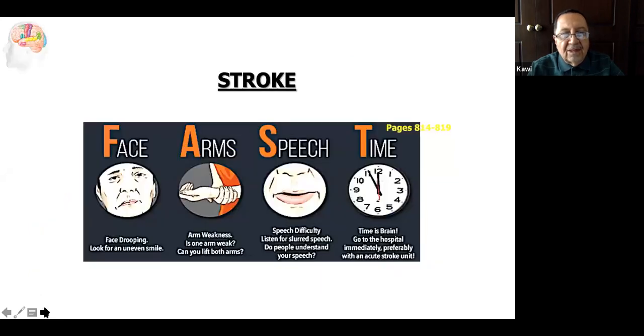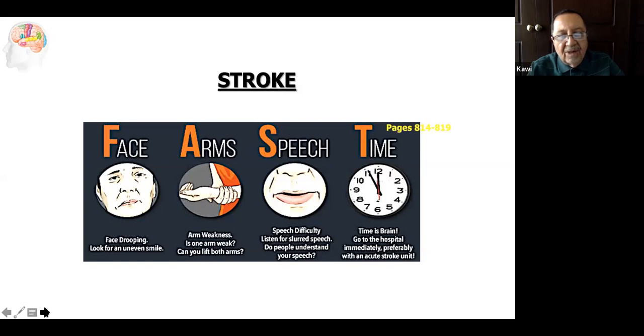This usually is circulated to the public, and it helps them recognize the stroke as they recognize myocardial infarction by chest pain. We tell them, remember the word FAST. FAST means if there is unilateral weakness of the face that causes drooping of the side of the mouth, and we check if the arms are unilaterally weak.